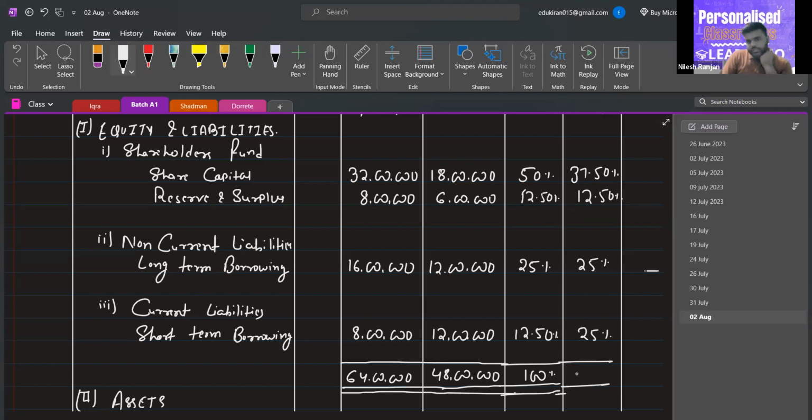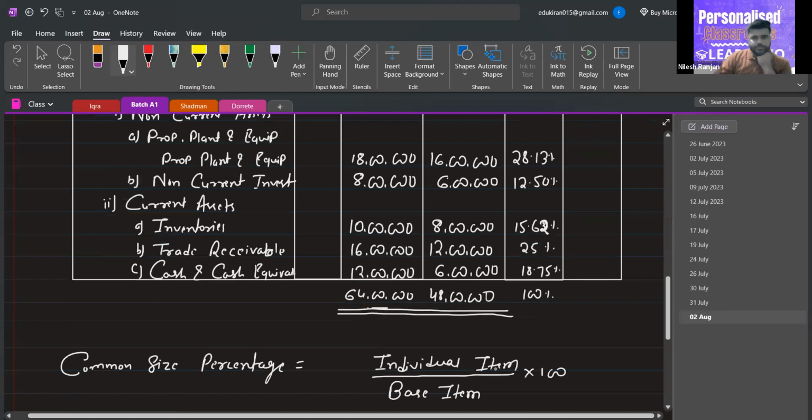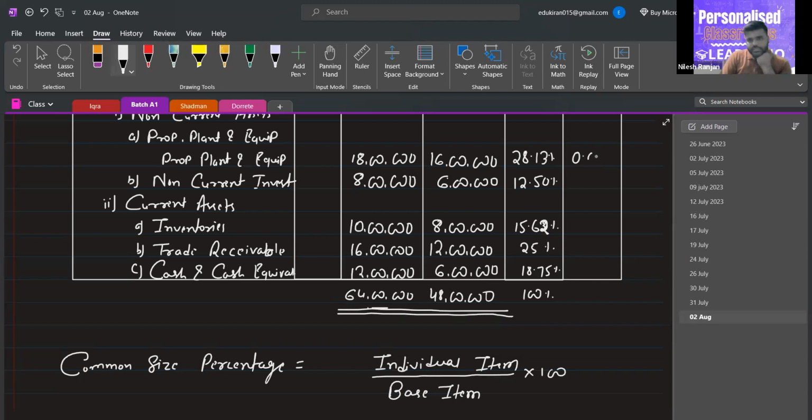Okay, so total is 100% here. Now 16 lakh divided by 48 lakh, it will be 66.66%, or you can say 66.67%. 6 lakh divided by 48 lakh is 12.50%. 8 lakh divided by 48, 12, it will be 25%, and it will be again 12.50%.